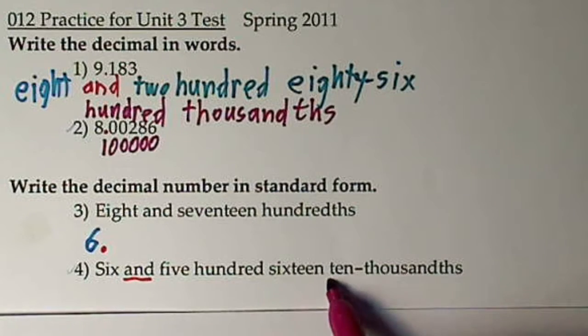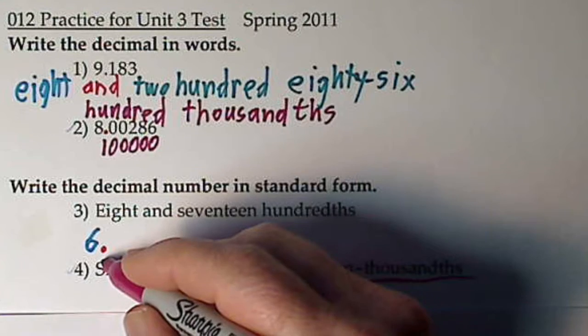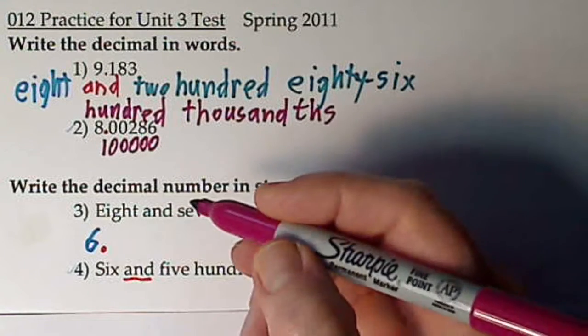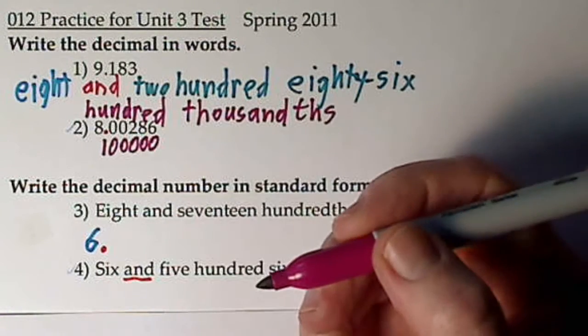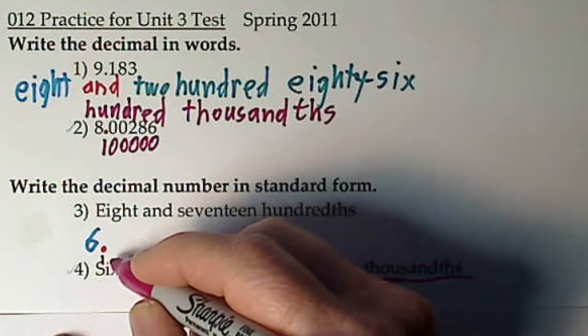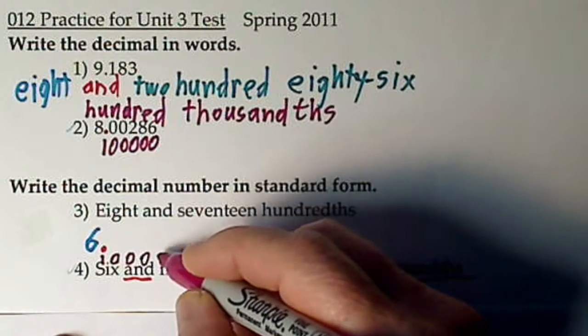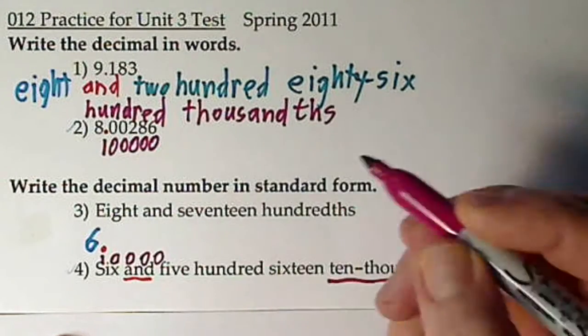Okay, I'm supposed to get to the 10,000ths place. So where to put my 10,000ths? I'll put it right here. So that would be a 1, 0, 0, 0, and one more 0.